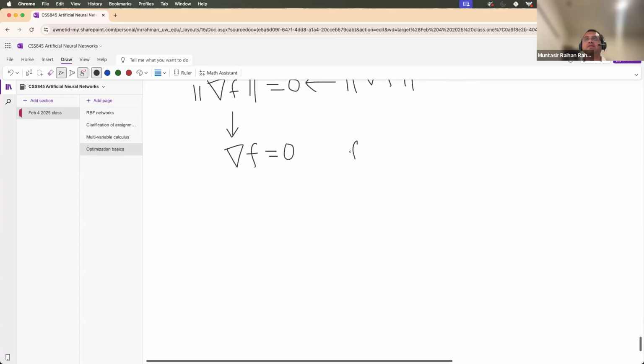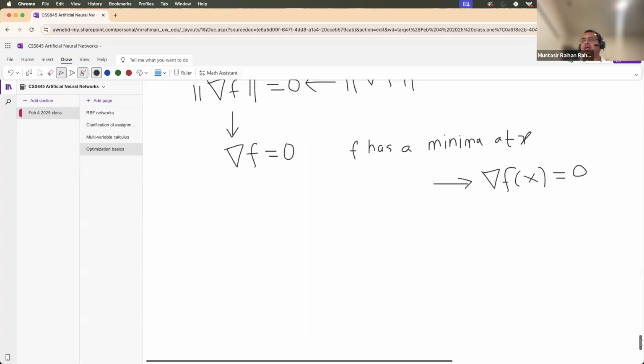Okay, so f has a minima, let's say at point x, that implies that the gradient of f at x must be 0. Okay, so that's the first order condition for minimization.